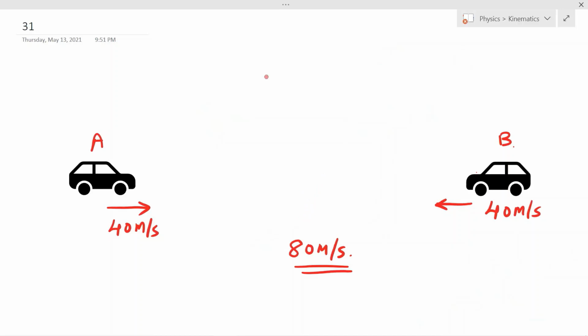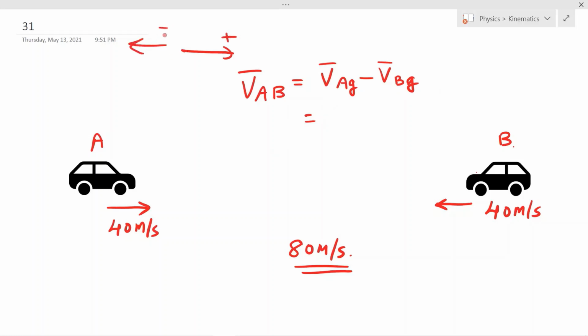Now in this case, the velocity of car A with respect to B will be velocity of A minus velocity of B. Again, these velocities are with respect to ground. You can write a G over here to indicate it is with respect to ground. So for the velocity of A, let's say this is the positive direction and this is the negative direction.